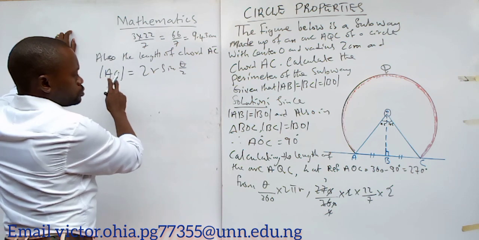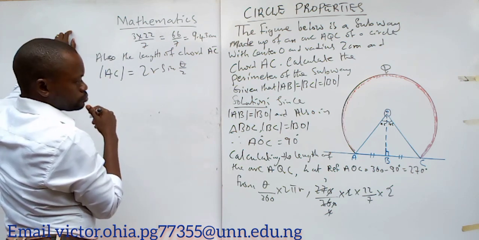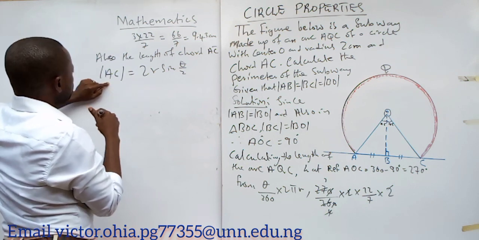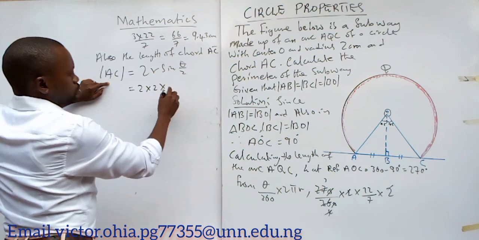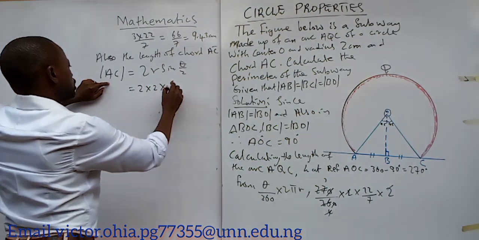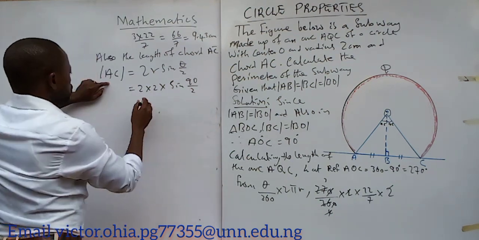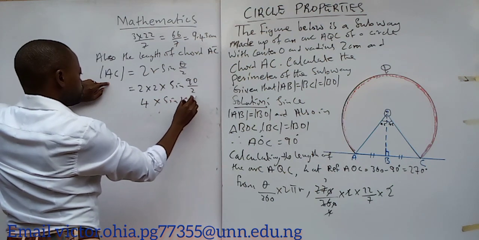So what we have here is the length of this chord is equals to 2 times 2 times sine 90 over 2. The angle at the center there is 90 degrees. So here we have 4 times sine 45 degrees.